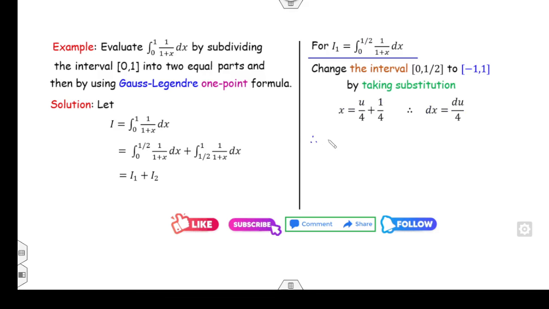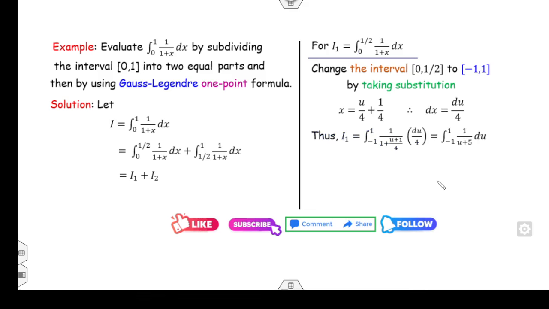I can substitute the values in the given I1. So I1 is, limits are from -1 to +1, 1 over x. X will be (u plus 1) over 4, into 1 over 4 du. So -1 to +1. If you take the LCM, 4 will be cancelled out: 1 over u plus 5 of du.